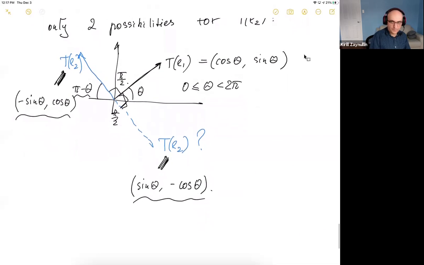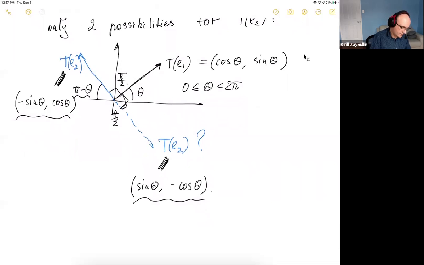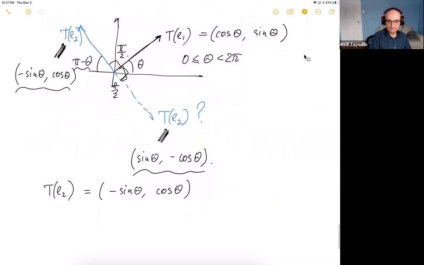Okay, so now let's look at the first case. T of E2 is minus sine theta, cosine theta. In that case, what's the matrix? We can write down the transformation matrix, because we just need to look at T of E1 and T of E2 and write them down as columns. So T of E1 is cosine theta, sine theta, and T of E2 is minus sine theta, cosine theta.